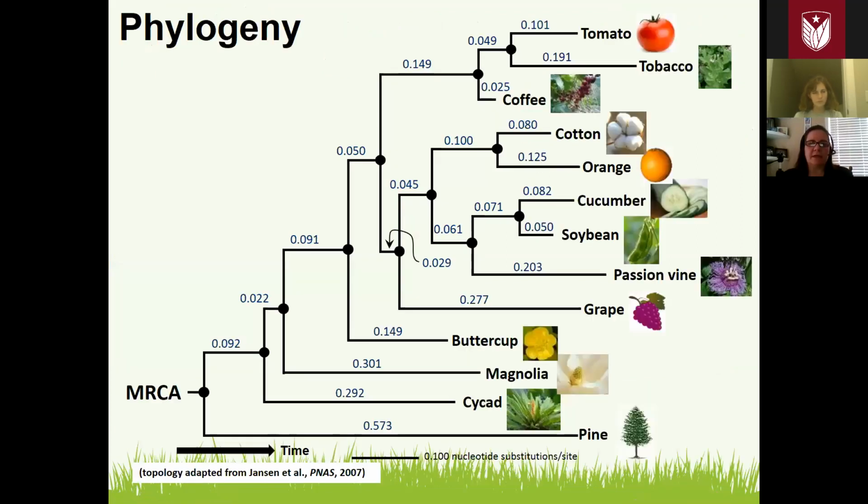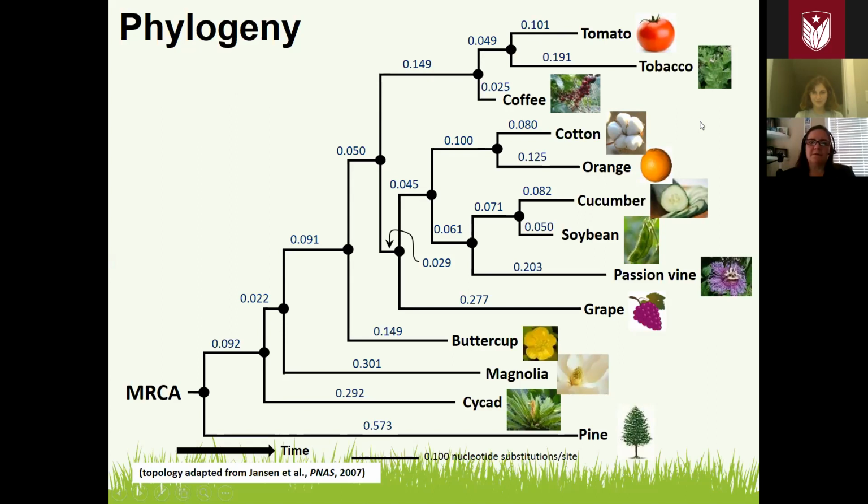And we use that information to create a diagram like this called a phylogenetic tree. You can think of it like a genealogy, where the things on the right here are like you and your sister and your cousin, and we go back in time and we have your parents and your grandparents and so on back.